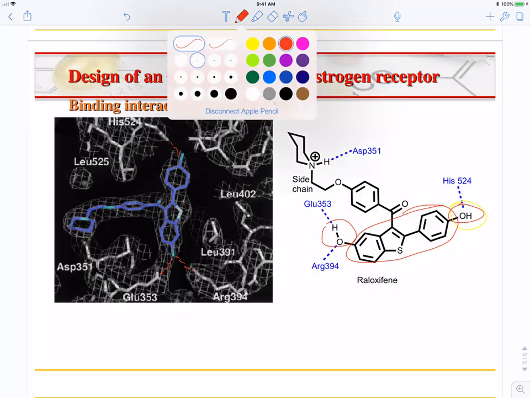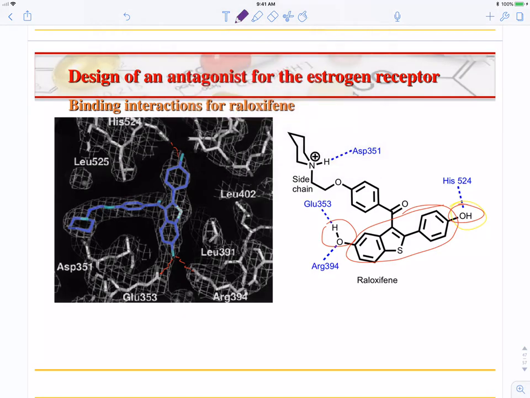It preserves some of the van der Waals interactions with the apolar residues here. And now, in addition, it also has a side chain, which starts apolar and then ends up being polar, that occupies a pocket that was not present when the receptor was bound to the estradiol ligand.